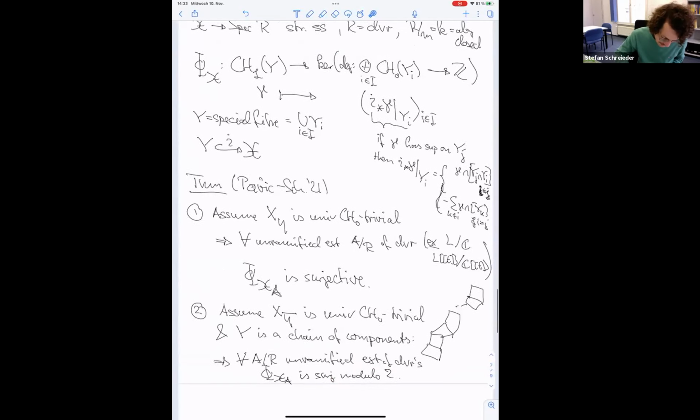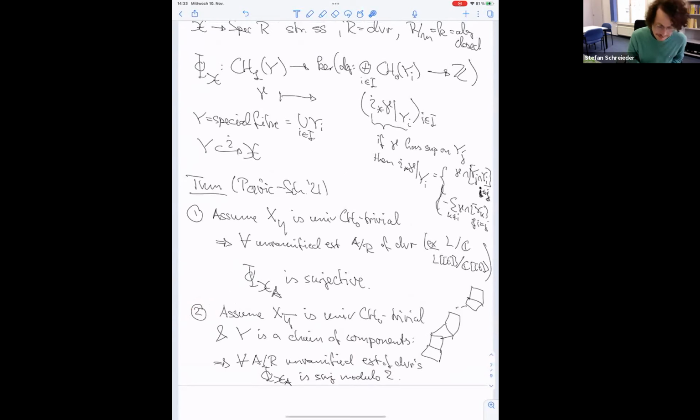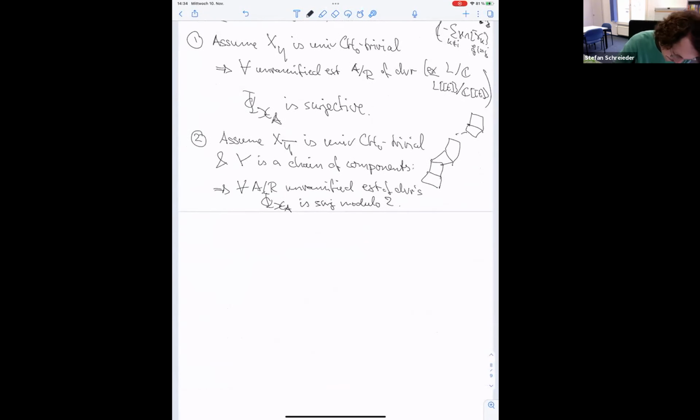However, the way we will apply the theorem, we will apply 2, and we will find a degeneration with 3 components, similar to the Nikkei degeneration, where after some unramified extension of DVRs, we find a 0-cycle in here that has degree 0, but cannot come from here. So that's how we prove the following theorem.